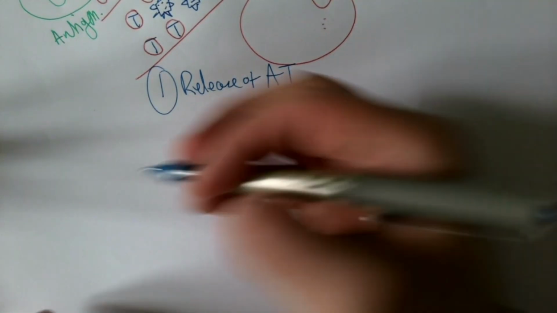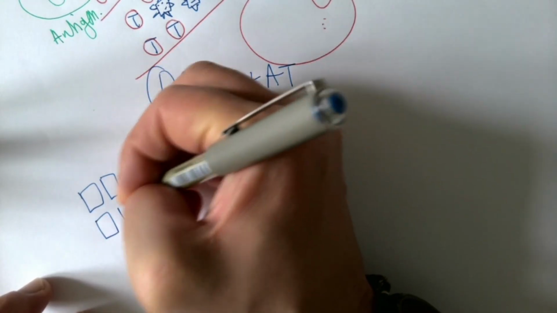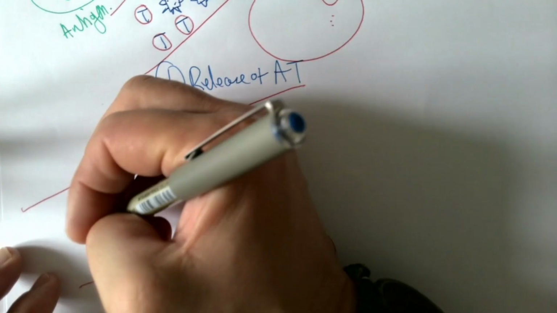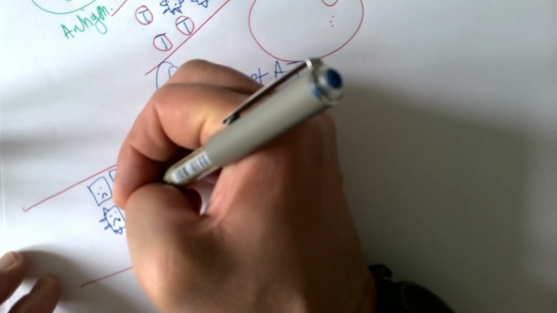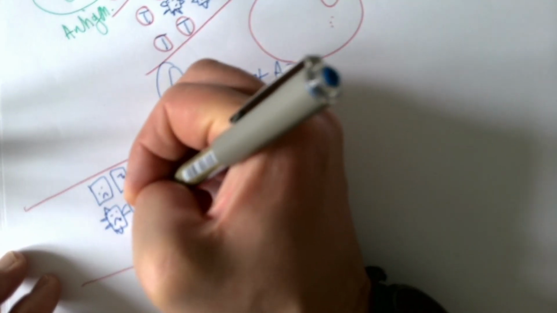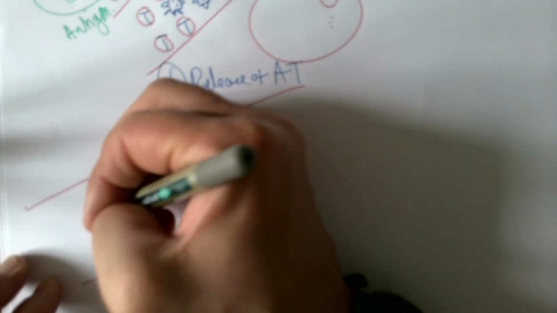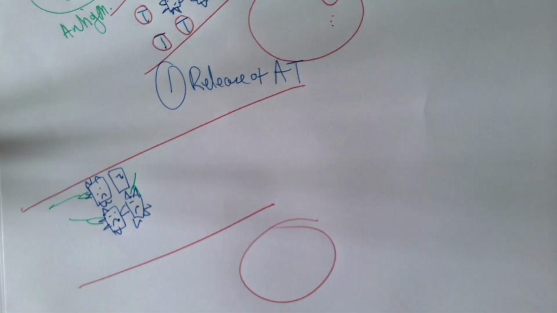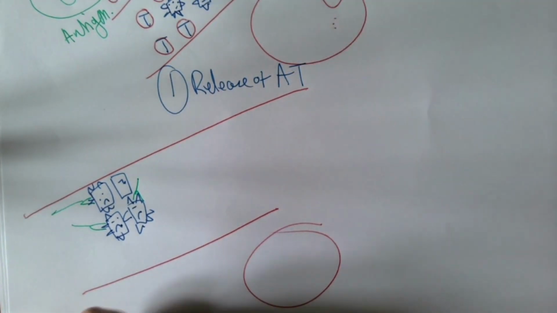And so what it does is it clumps all of the bacteria in one location. So there's our 4 bacterial cells. The antitoxin has masked the toxin. And now what happens is the antibody has attached to these little tearaways. It's clumped them all together. It's prevented them from dividing by binary fission.